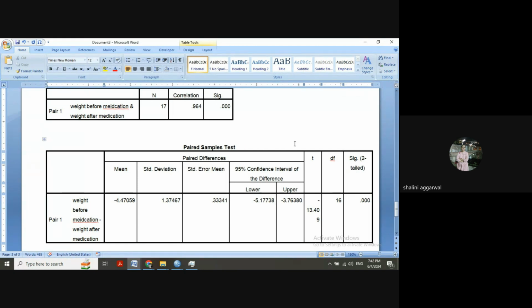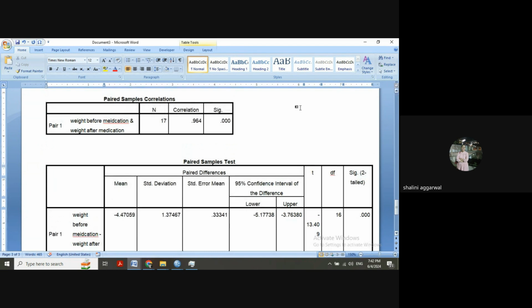Okay. So this is a table that is talking about a correlation between the two variables. Correlation can be a positive correlation. If there is a minus sign, then it means negatively correlated. Positively correlated means if one moves up, another also moves up.